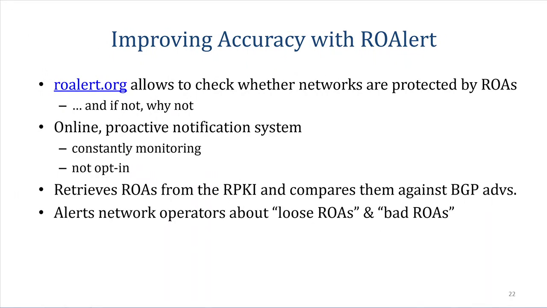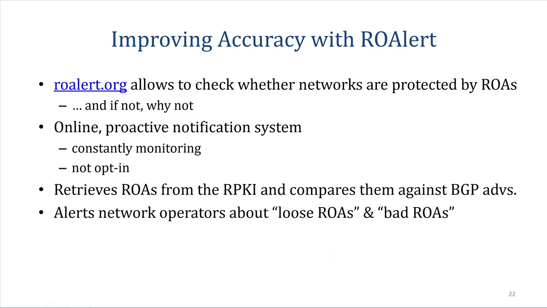So in order to improve the accuracy of the information recorded in ROAs, we present ROAlert, a system that has two faces to it. One is a web interface that allows administrators to check the status of RPKI adoption in their own network and see if they are protected, and if not, why not.